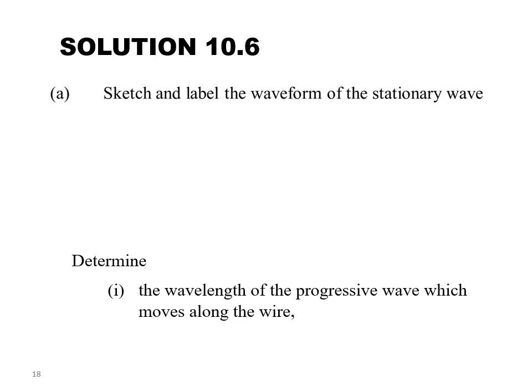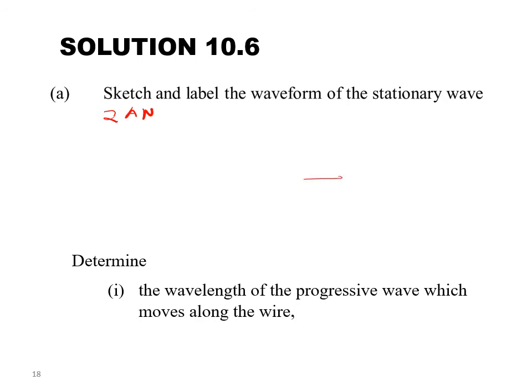Solution for 10.6, you need to sketch and label the waveform of the stationary wave. The statement given to us is that two antinodes can be found in the stationary wave formed between two fixed ends.